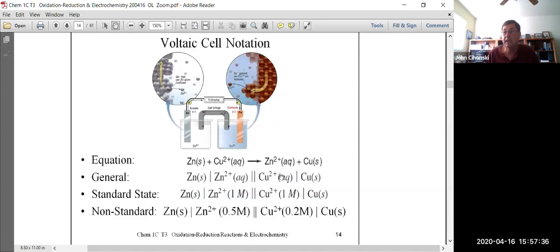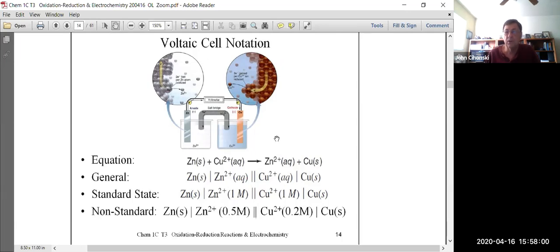Now, staying with the zinc copper system, this is the equation. I don't think we'd have any arguments that that is the chemistry that's occurring. Well, one of the things we would like to do is to have a notation that we could use.